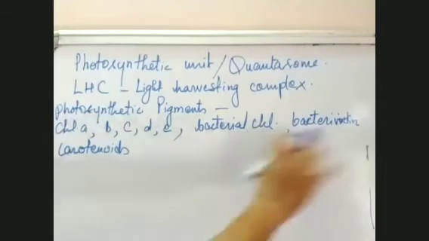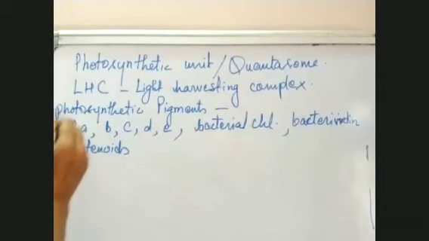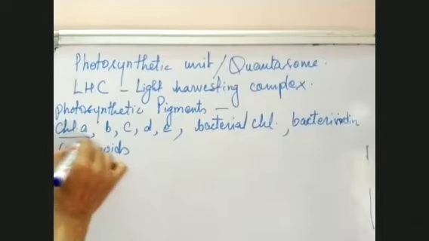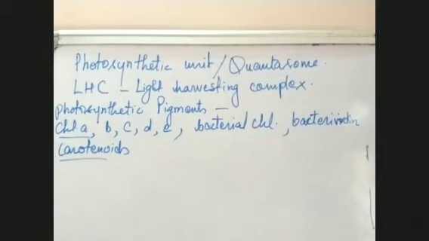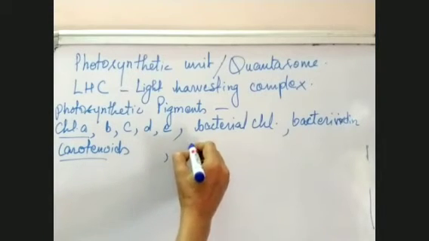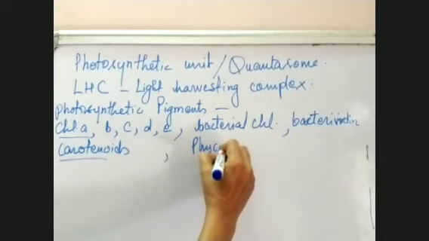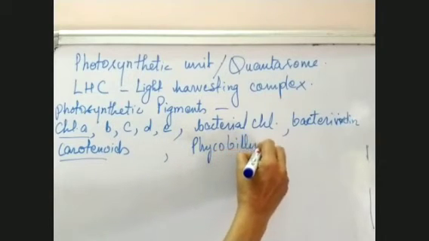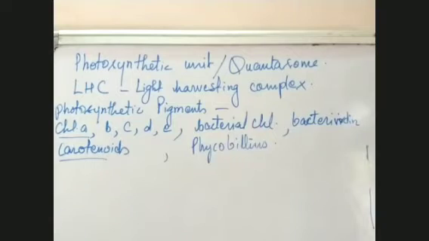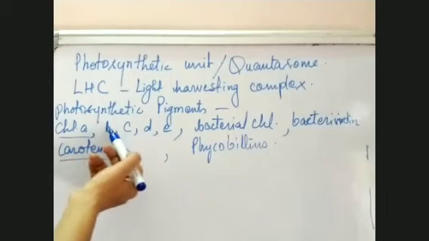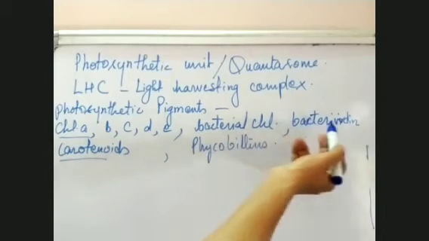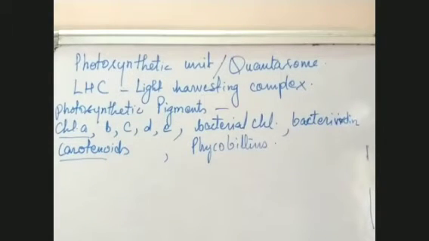So we have three types of photosynthetic pigments: chlorophyll, carotenoids, and phycobilins. These are various types of photosynthetic pigments.